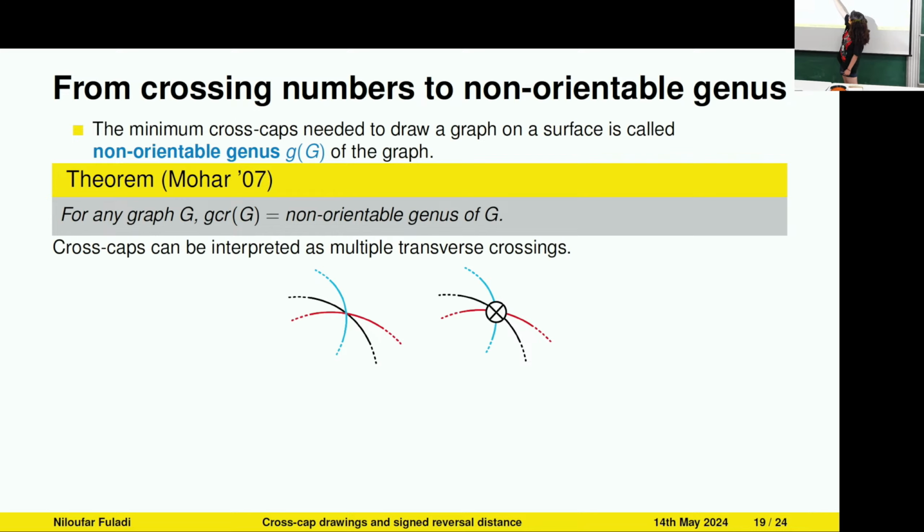Start with a genus crossing number drawing on the plane with a minimum number of crossings, and just replace every crossing with a cross-cap. This way you get one side. For the other, if the graph has an embedding with g cross-caps, you get the cross-cap drawing, and that's it. This is exactly why he called it genus crossing number.